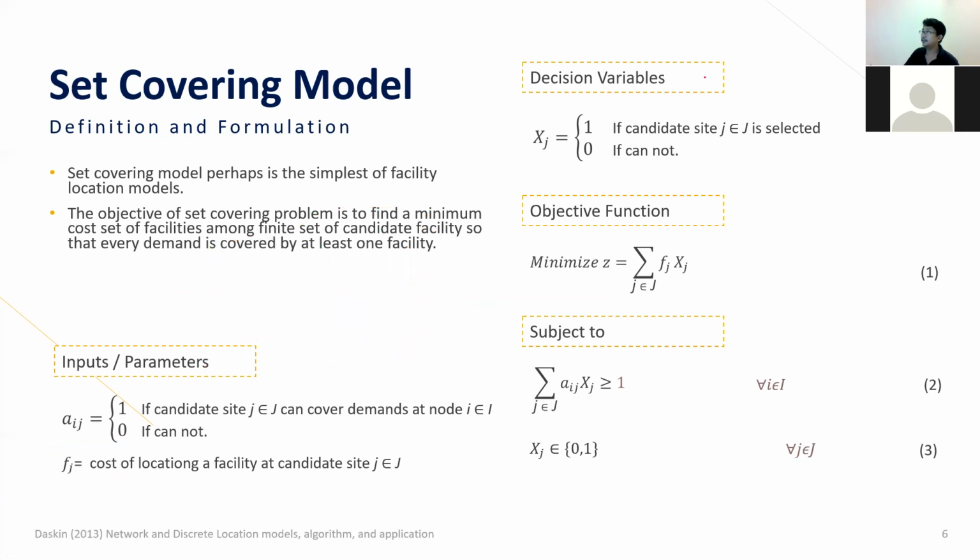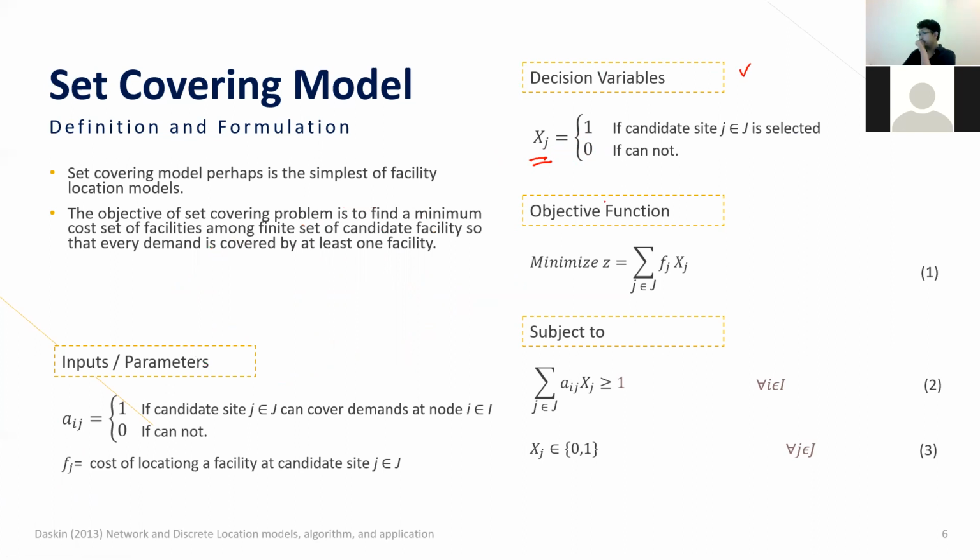Next, the decision variables. The decision variable is simple. Xj will be equal to 1 if you select facility J or you utilize facility J, and otherwise it will be valued 0.